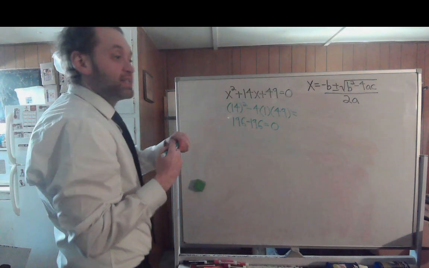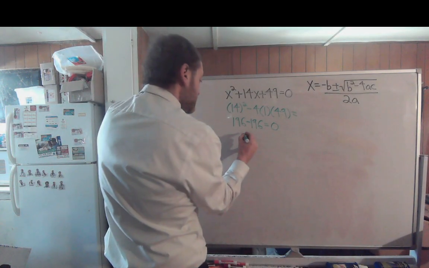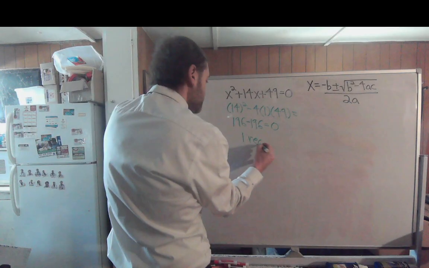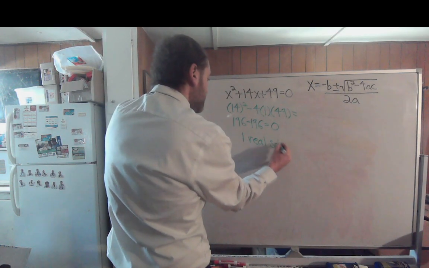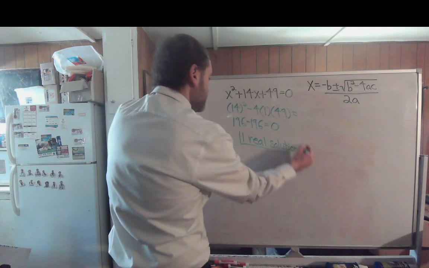So the discriminant's exactly equal to 0, which would just give you the square root of 0, so you would just have one real solution. There is one real solution to this quadratic equation.